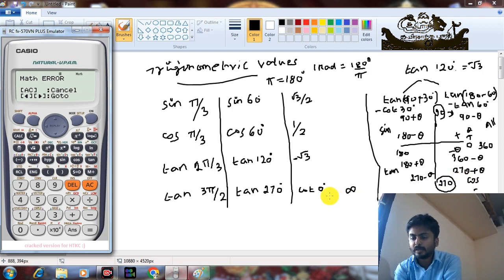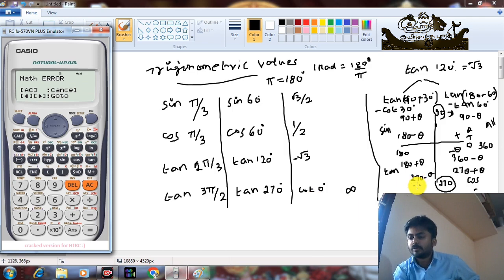So it is cot 0, or it is minus cot 0, that is infinity or minus infinity.